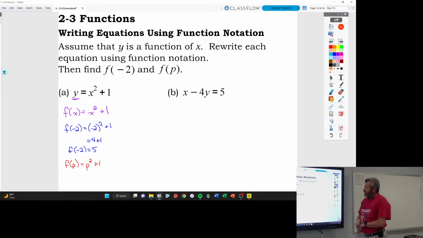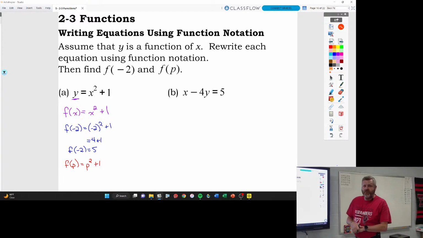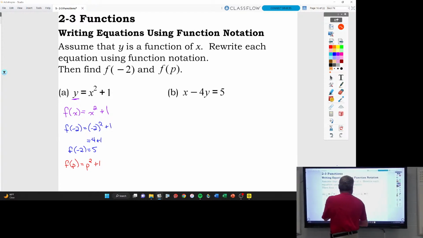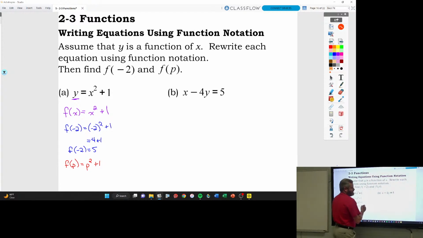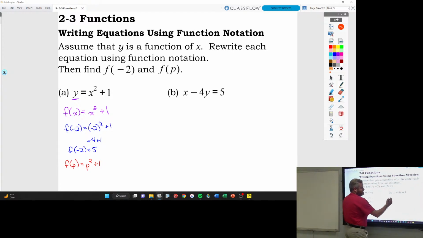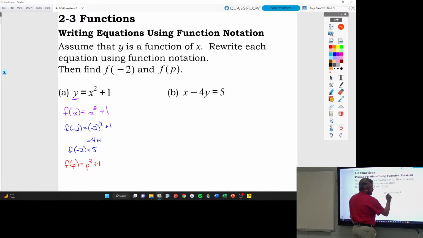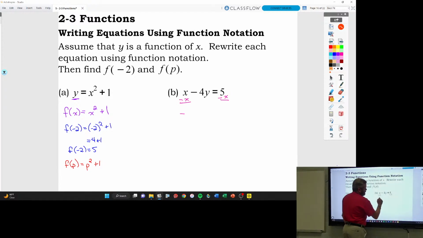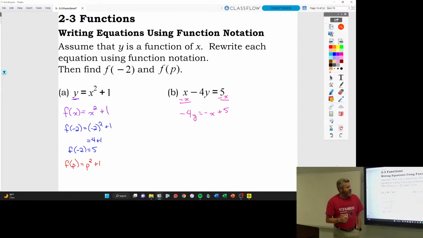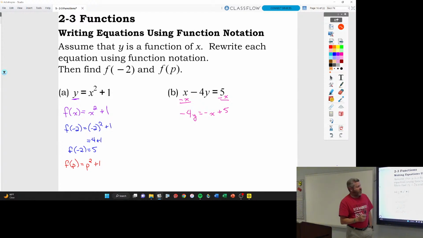Part B, the first thing I need to do is get y by itself. So to get y by itself, the first thing I need to do is subtract x from both sides. By subtracting x from both sides, I get negative 4y equals negative x plus 5. To get y by itself, I'm going to divide every single term by negative 4.